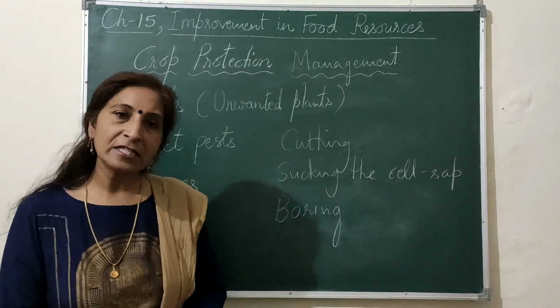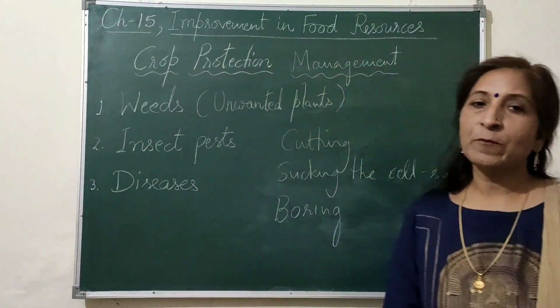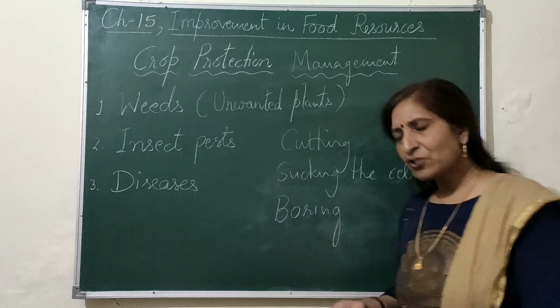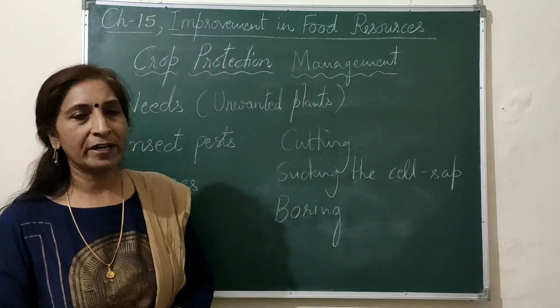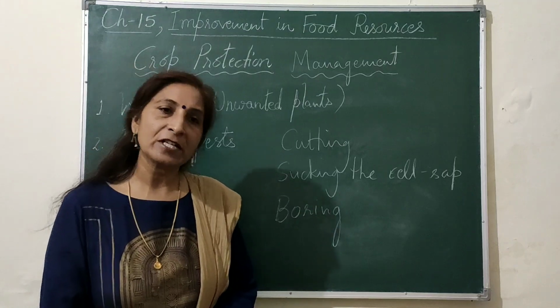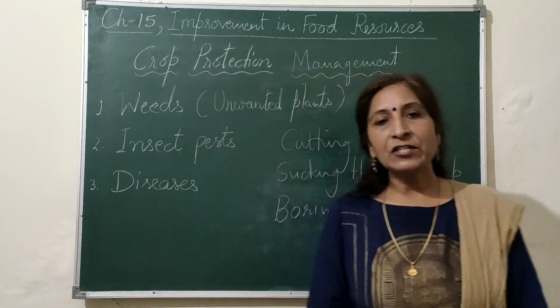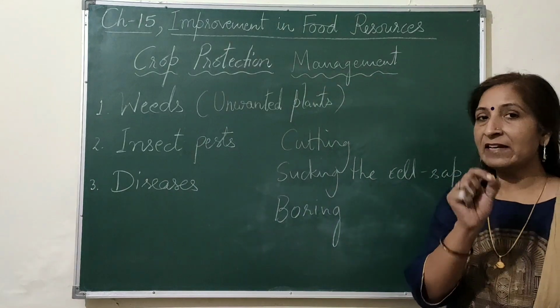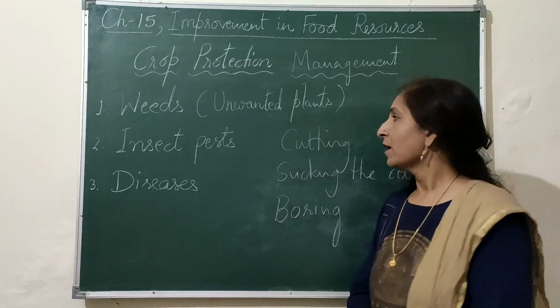Again, certain chemicals are used and insecticides are sprayed on these crop plants. The biological method can also be used, like the ladybird, an insect which does not harm the crop, but can be useful in eating away and finishing the scale insects which can harm the crops.